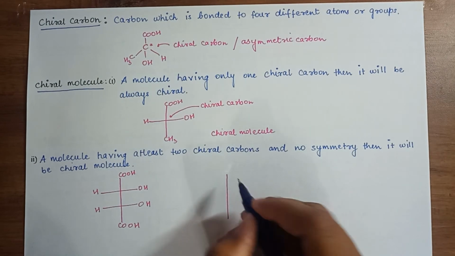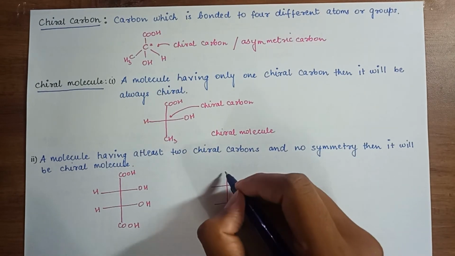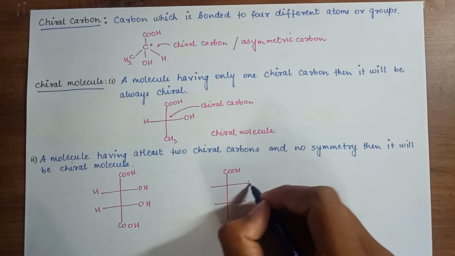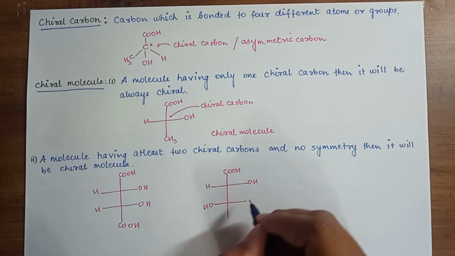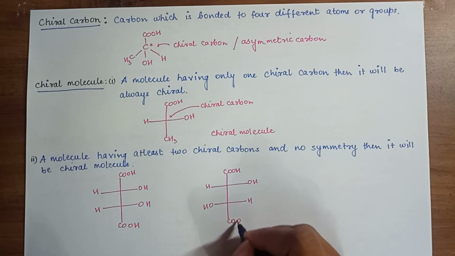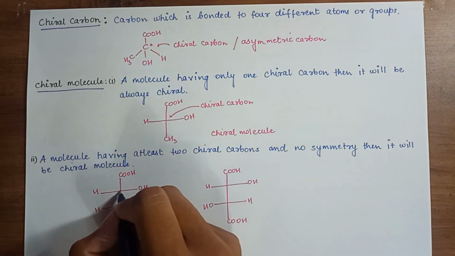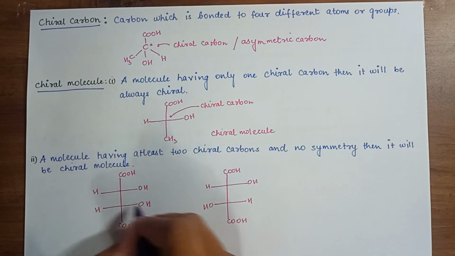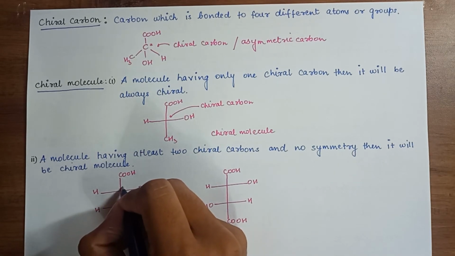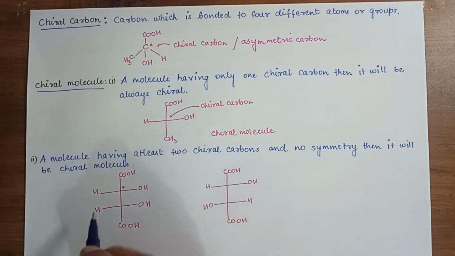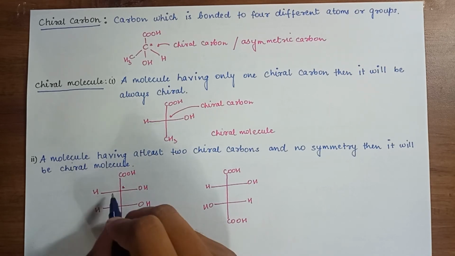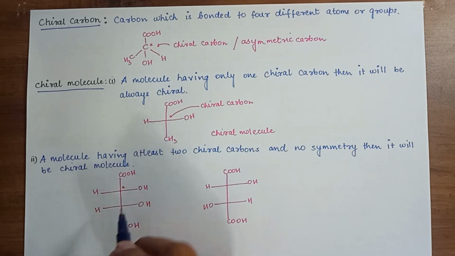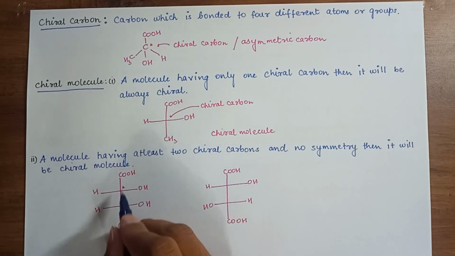Next we will see COOH, OH, H, OH, H, COOH. Look at this carbon: all the 4 groups are different. So this is my chiral carbon. Look at this carbon: all 4 groups are different. So 2 chiral carbons are present.